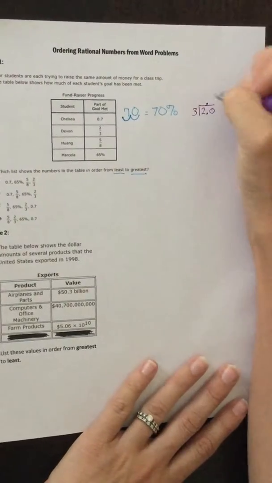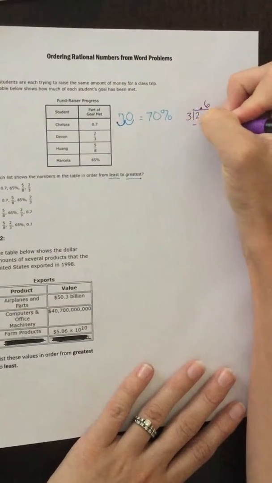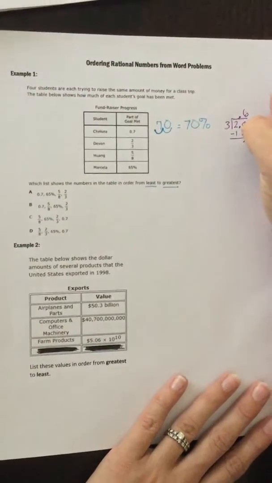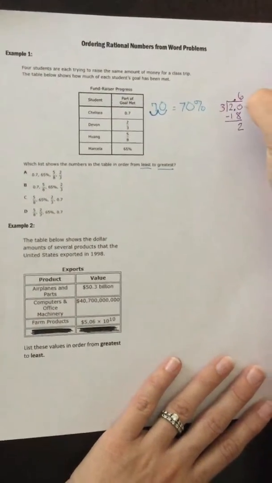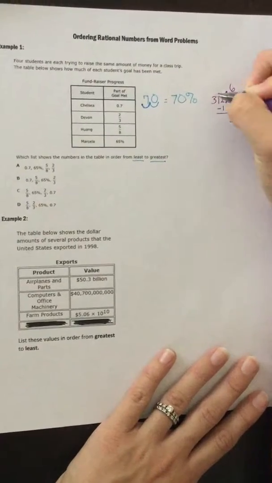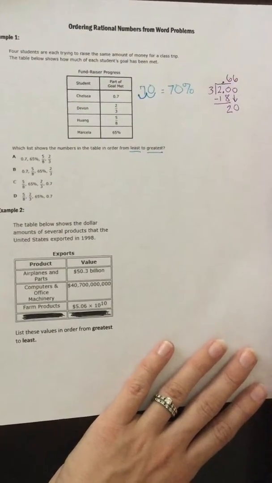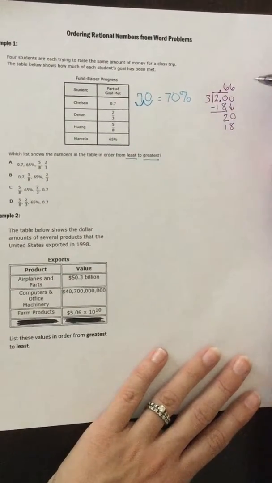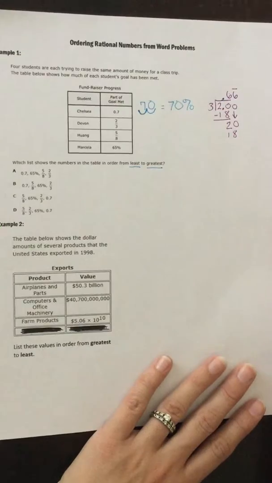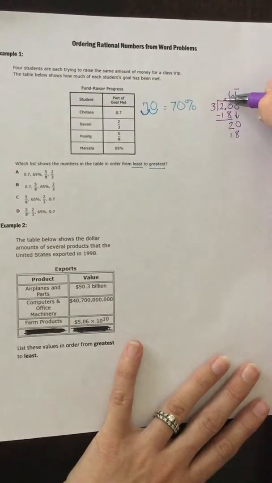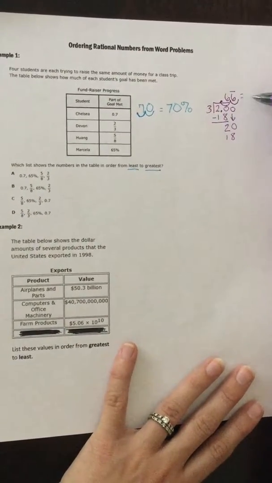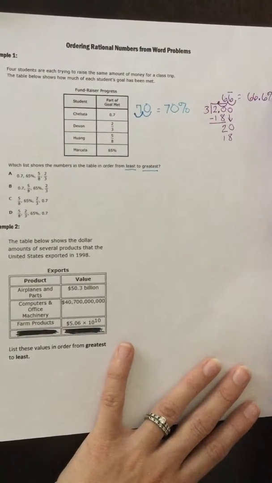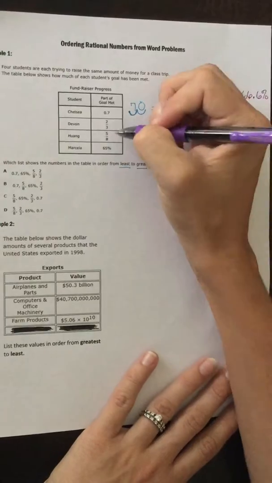And 3 does go into 20 6 times, minus 18, because 6 times 3 is 18, and I'm left with 2. So if I add another 0 and bring it down, we got 3 goes into 20 6 times again. And so this is going to continue to go on forever. So that is 0.6 repeating, which then I move over 2 places. And so I would have 66.6% for Devin.